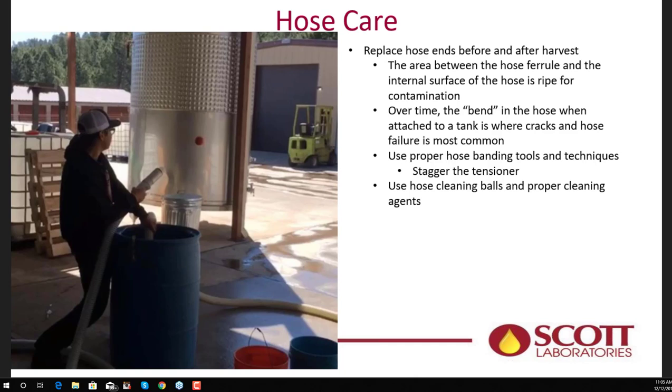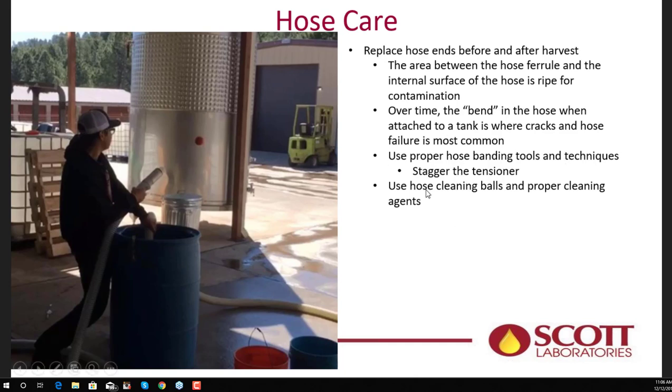They're not that expensive, but what I mean by stagger is there is the tensioner that you actually punch with a punch lock banding tool, and that's what keeps the band tensioned and keeps it in place. You want to stagger those so that they're not in the same position, so that you're spreading the force out on the ferrule. It's easier to show in person. It's not that complicated, but you want to stagger the tensioner on the hose bands, and that makes a better seal.